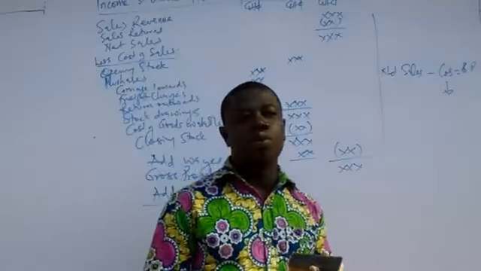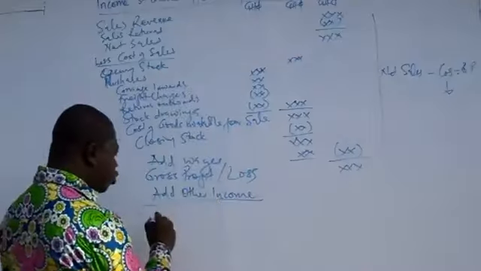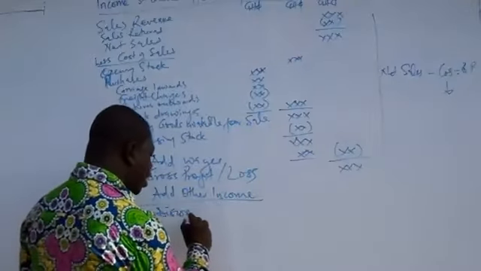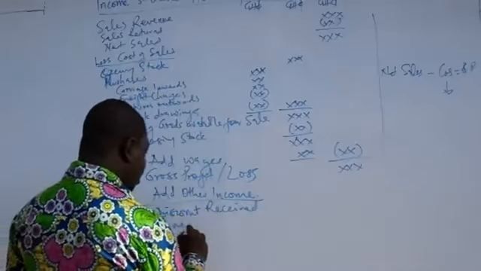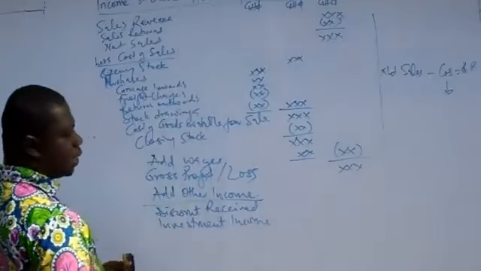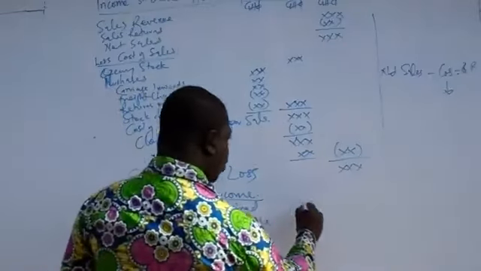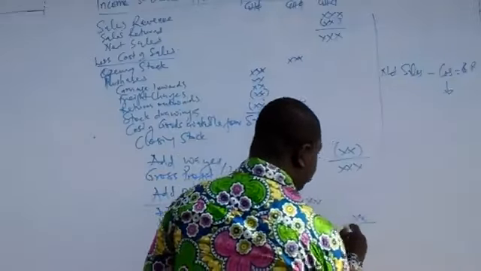But I will take my time to explain adjustments when it comes to income and expenditure. And so let's assume that we have just two incomes, discount received and then investment income. In that case, we are going to add that, and then we find the total.